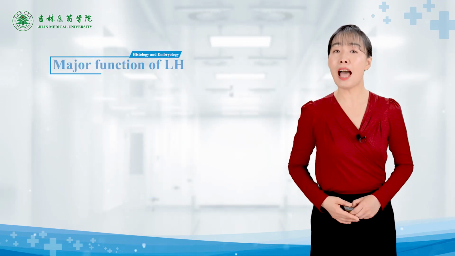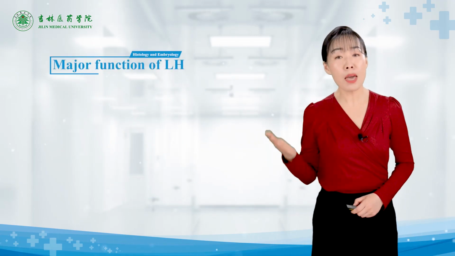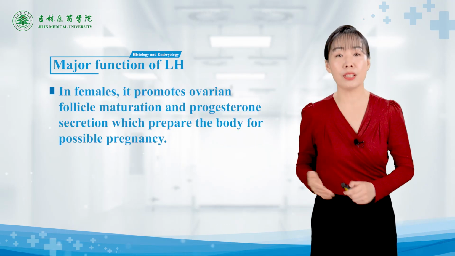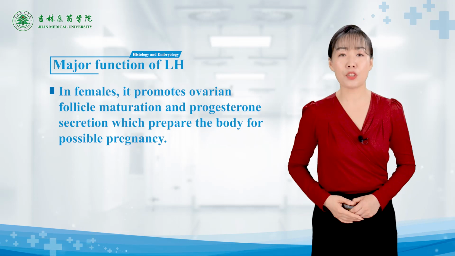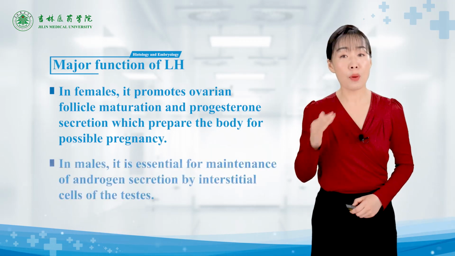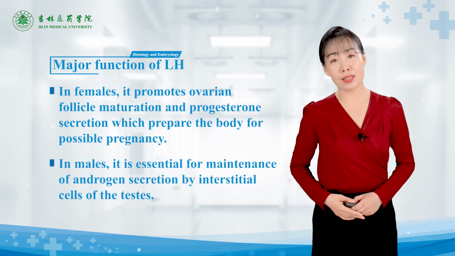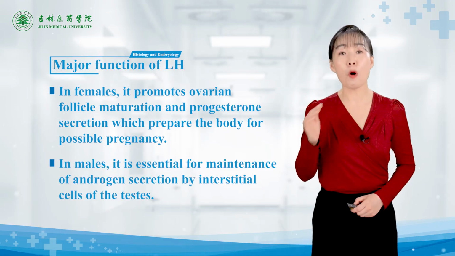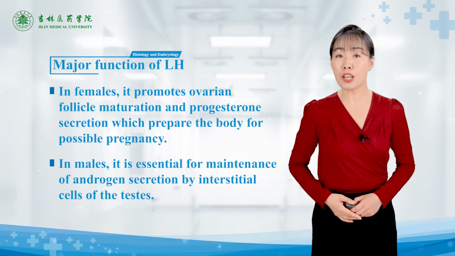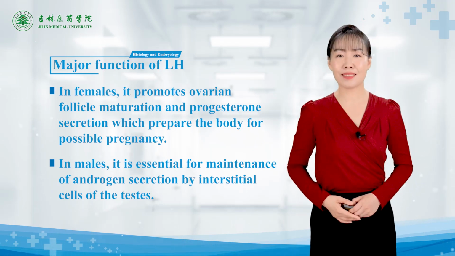Major function of LH. In females, it promotes ovarian follicle proliferation and progesterone secretion, which prepare the body for possible pregnancy. In males, it is essential for maintenance of androgen secretion by interstitial cells of the testes.